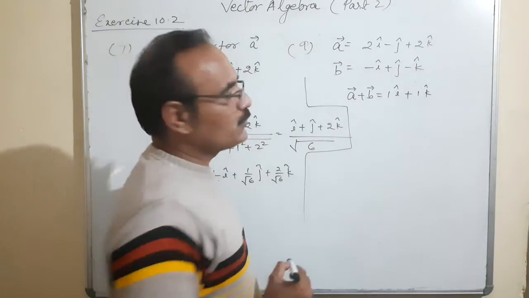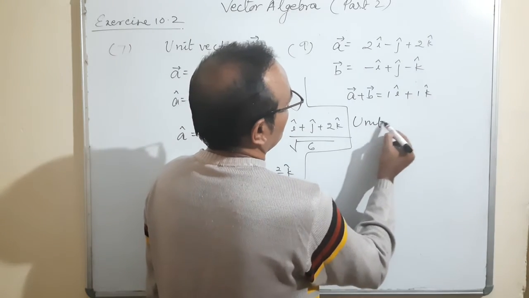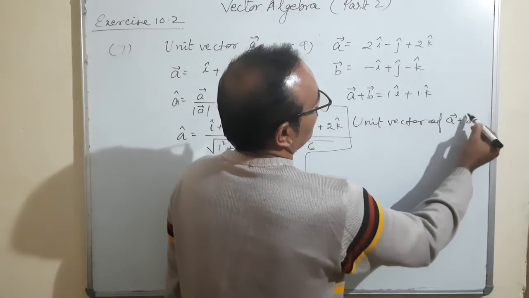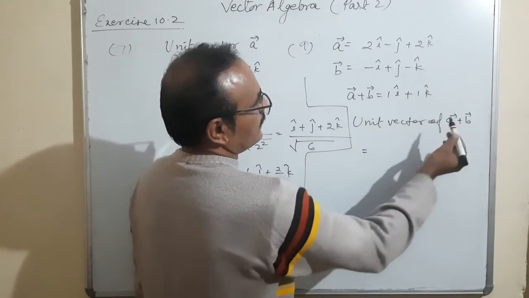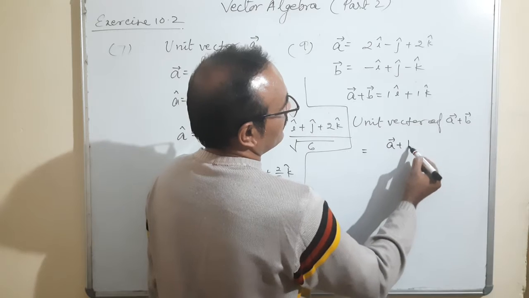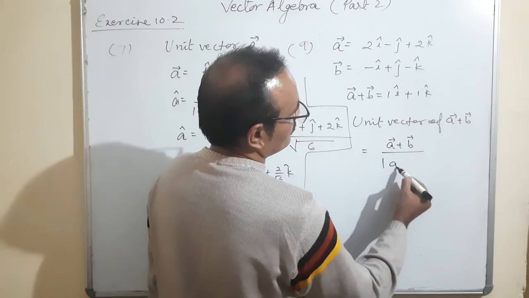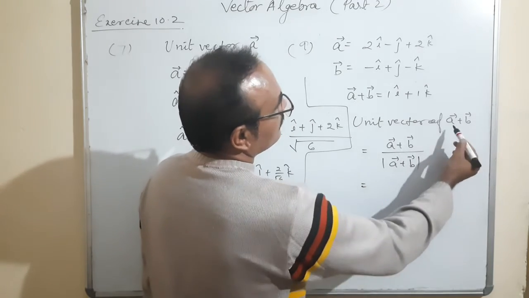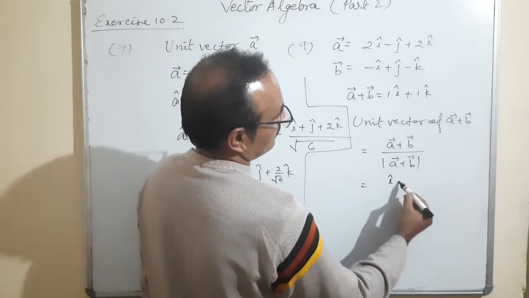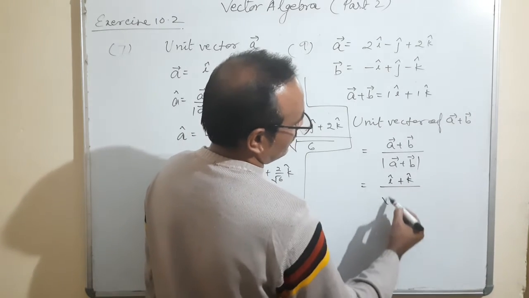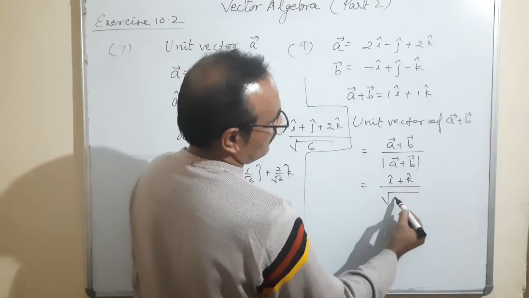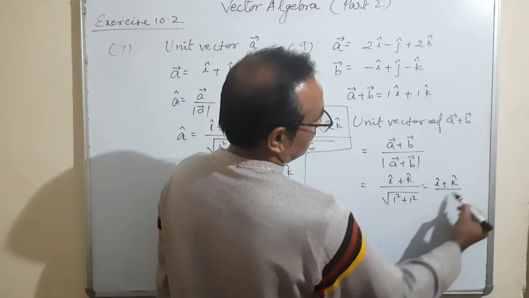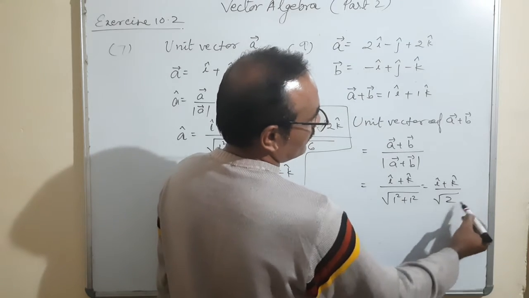And we are going to find the unit vector. Unit vector of vector a plus vector b is equal to vector a plus vector b upon magnitude of vector a plus vector b. a plus b is i plus k upon magnitude of this. What is the magnitude of it? Square of 1 plus square of 1, 1 plus 1 is 2.